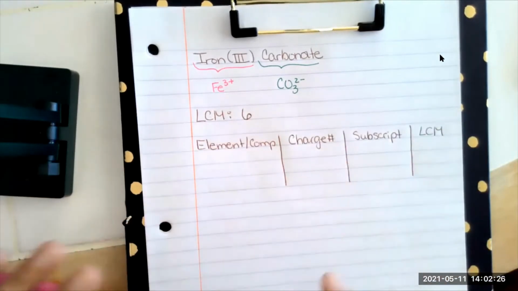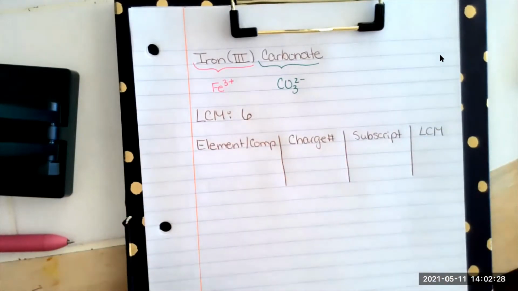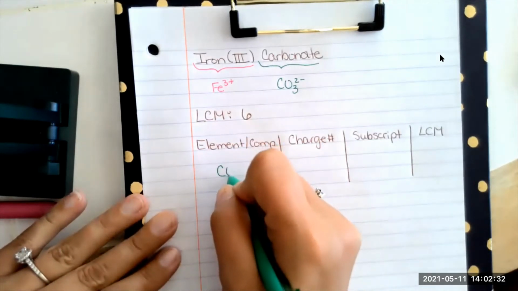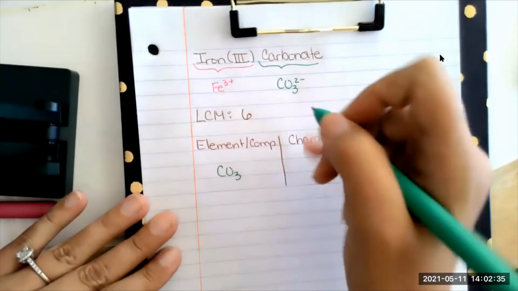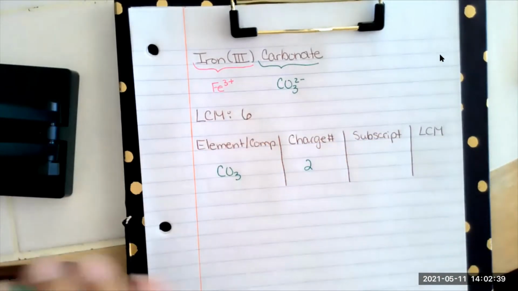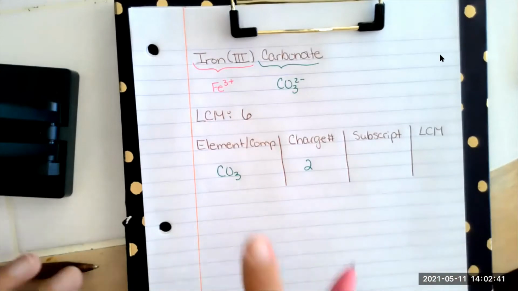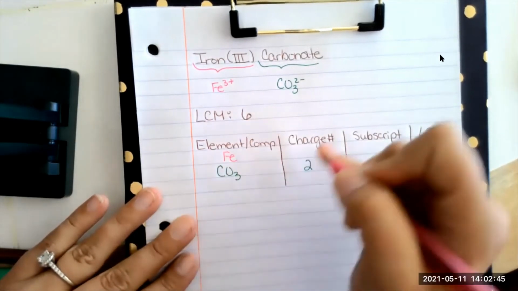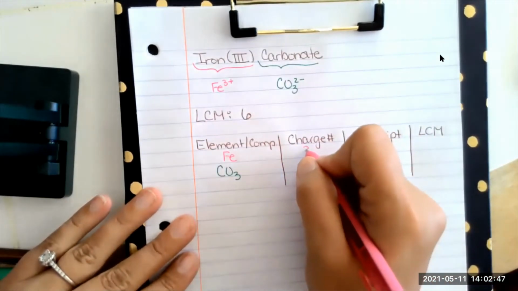I'm going to color code these so you can see how the crisscross would work. So for iron, sorry, I'm going to do carbonate first because I have the green in my hand. My charge number is 2. Don't worry about whether it's positive or negative because your subscripts have to be positive. For iron, it's Fe, and our charge number is 3.